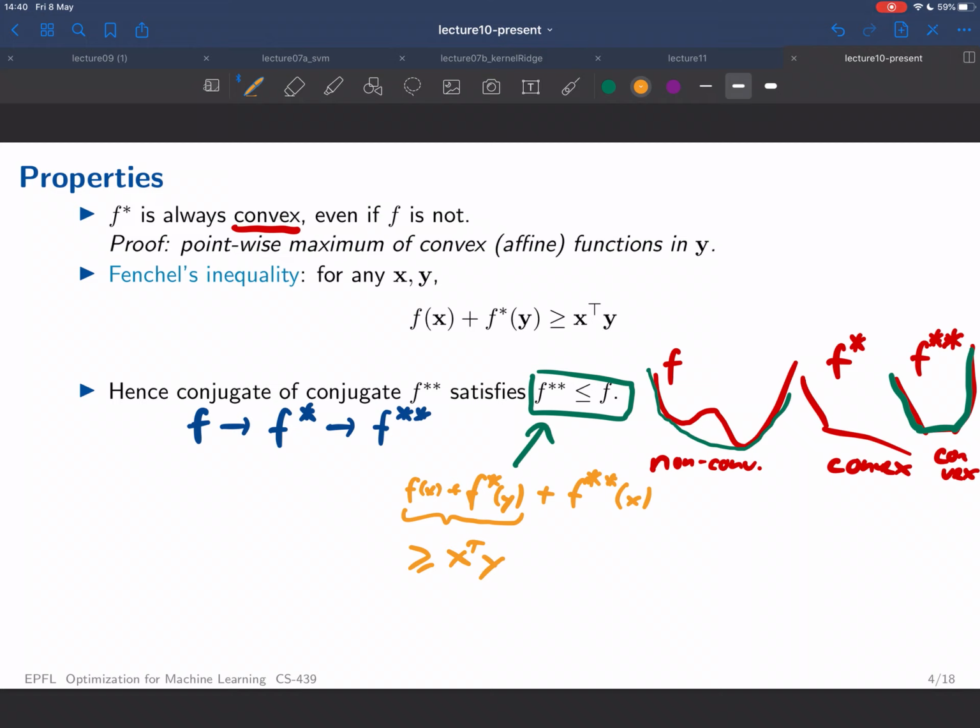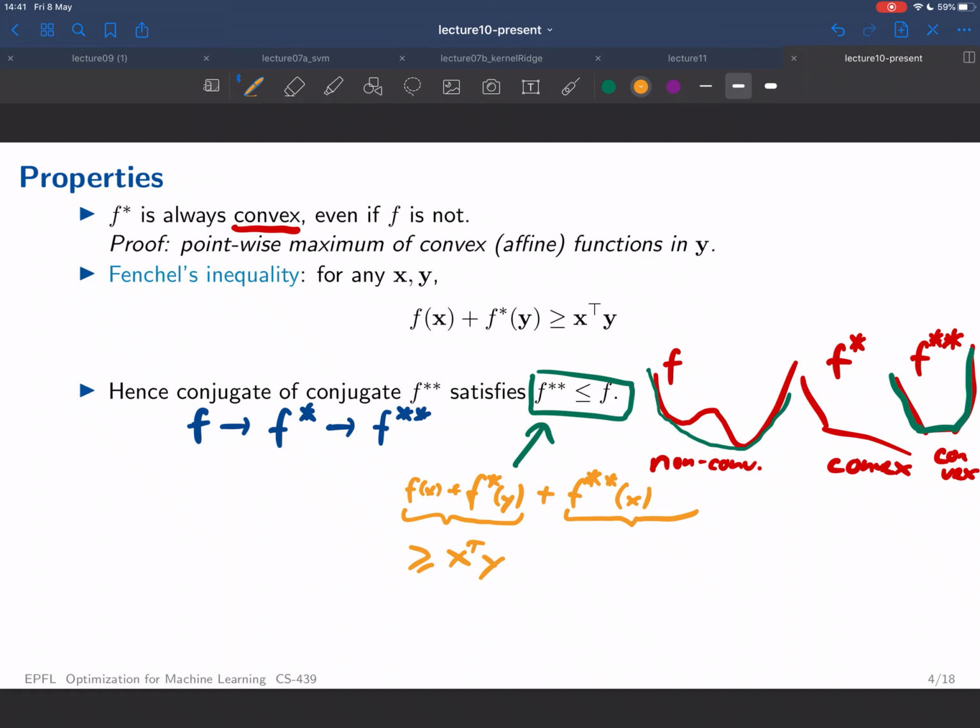And now you want to relate this to f, and then I will just use the definition of the conjugate. So what's the double conjugate?